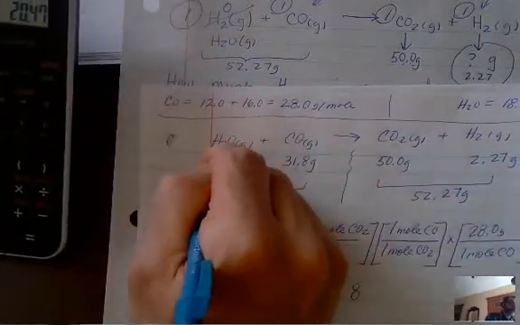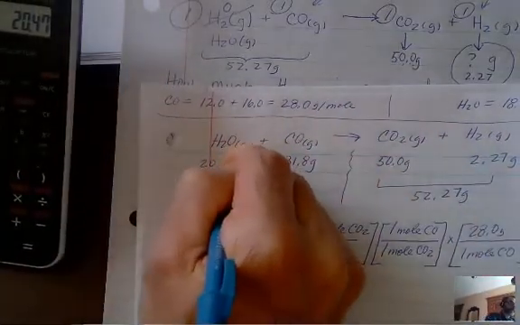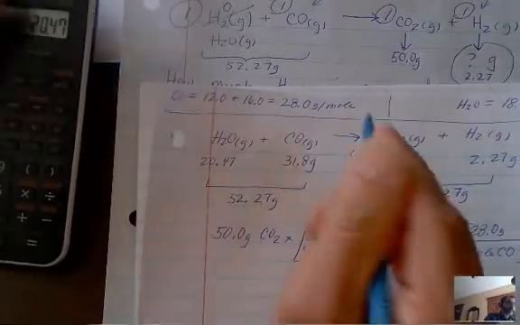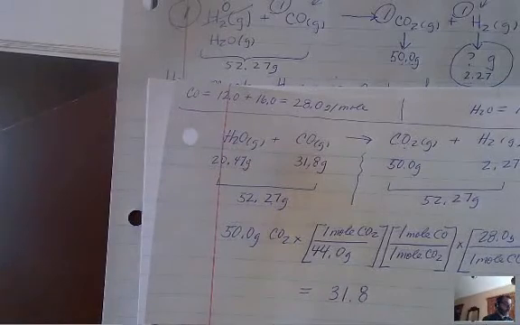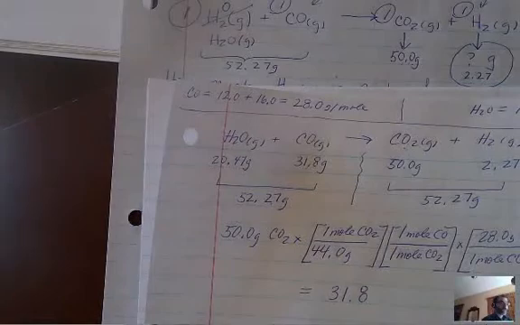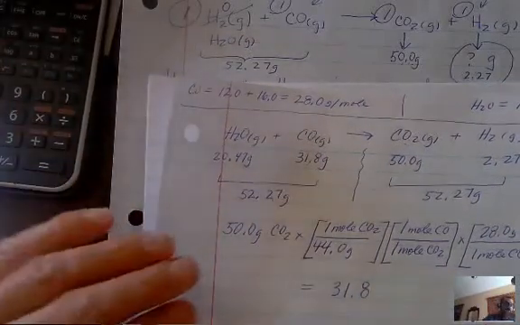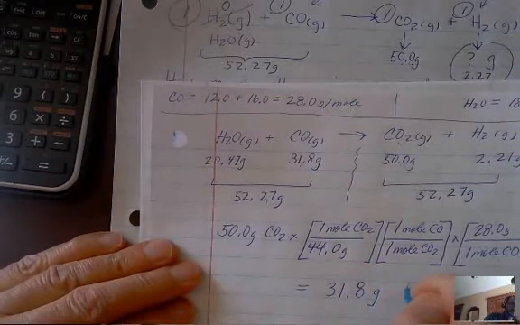Okay, so I'm saying the amount of water that must have gone in, if I did this right, is 20.47 grams. Just double check, 20.47 plus 31.8 gives me 52.27. Good. All right, but don't believe that. This is grams of CO.